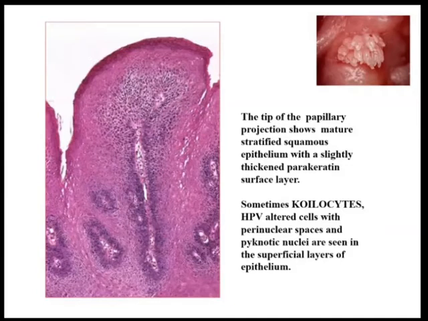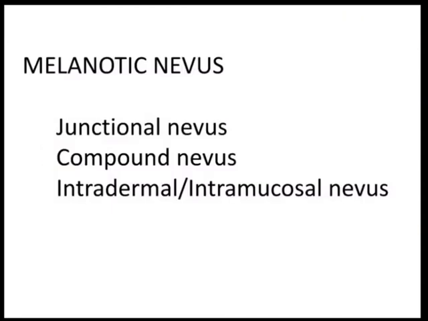To the left is a H&E section, in which once again you can see the similar papillary projection which I showed briefly in the previous slide, which shows a mature stratified squamous epithelium with a parakeratin layer. Sometimes you can also see in the superficial layers of epithelium the koilocytes, nothing but the HPV altered cells with perinuclear spaces and pyknotic nuclei.